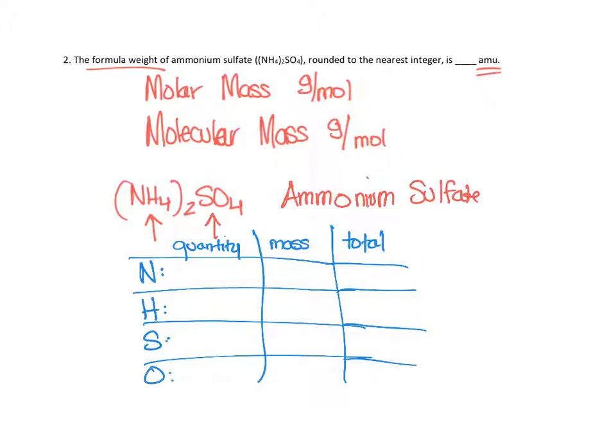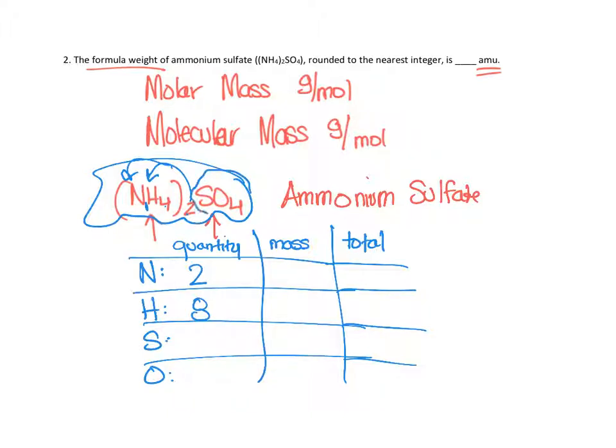Okay, so nitrogen. Looking at this chemical formula, there's an invisible 1 here. 1 times 2, because remember the 2 outside gets applied to everything in the parentheses. So there's 2 nitrogens in this chemical formula. Can you see how many hydrogens there are? 2 times 4, total of 8. How many sulfurs?